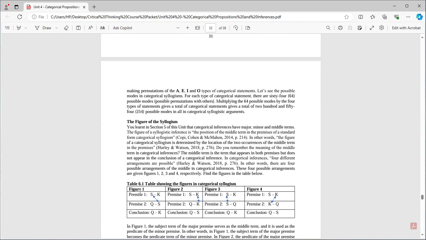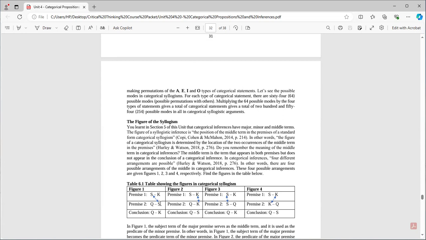So figure 1 is where the middle term is the subject term of the first premise, but it is the predicate term of the second premise.